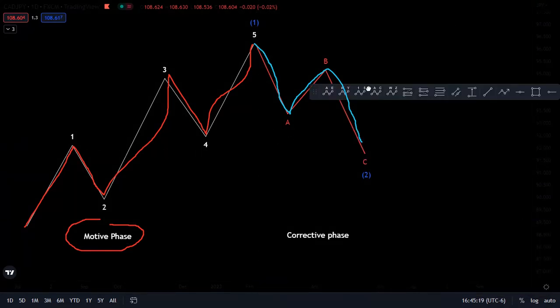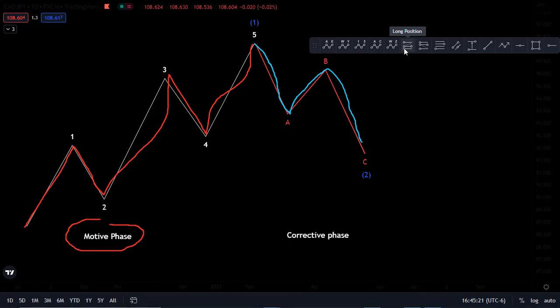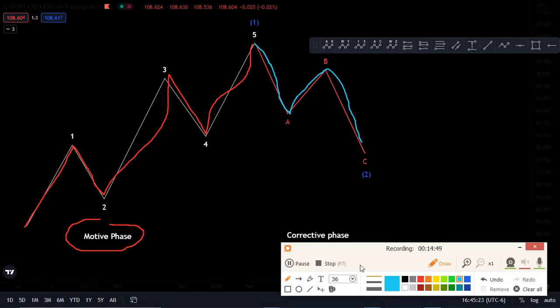So the 8-wave structure is made up of the motive phase, which is coming from motive mode, and the corrective phase, which is coming from corrective mode.